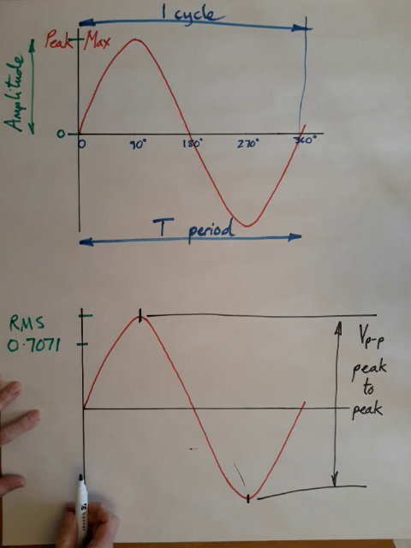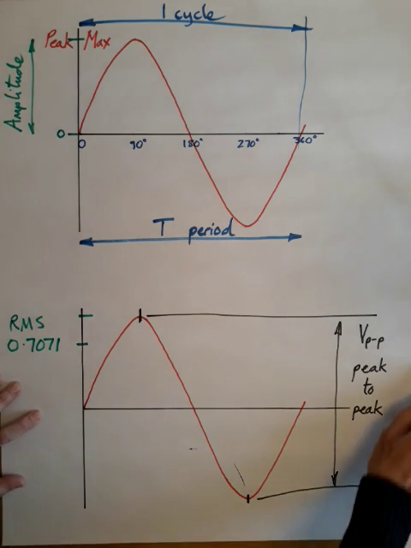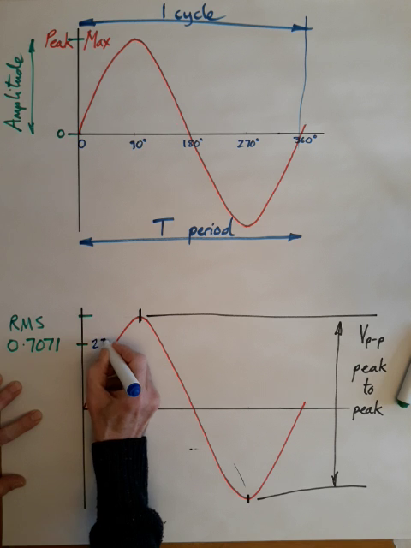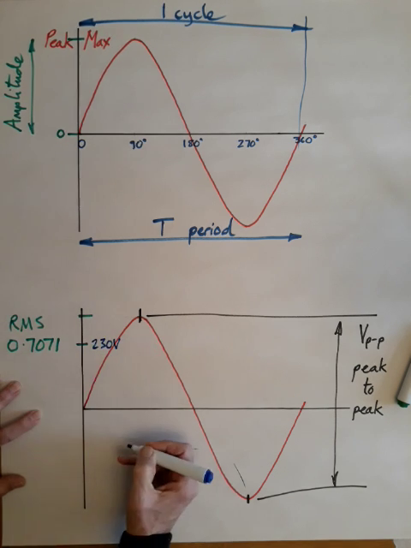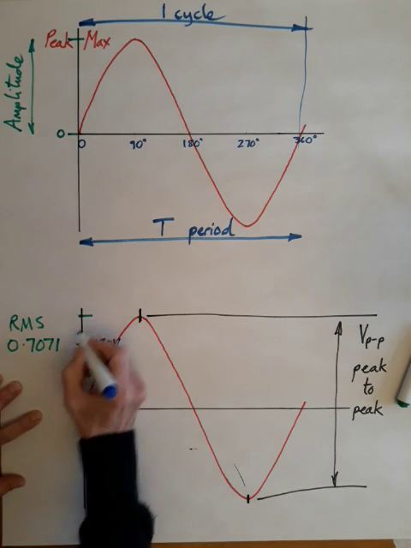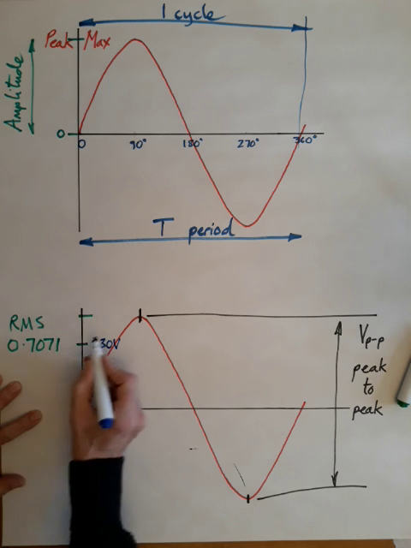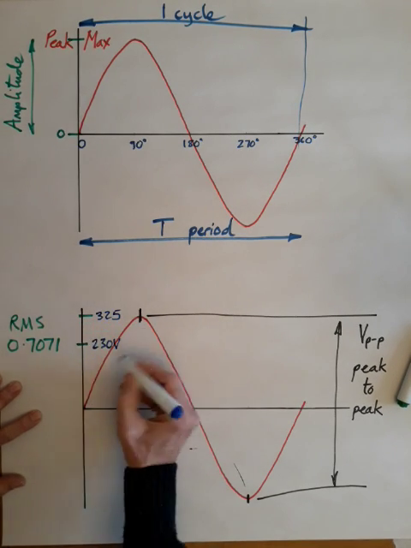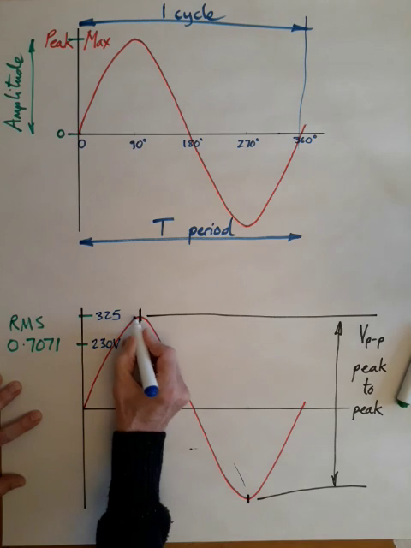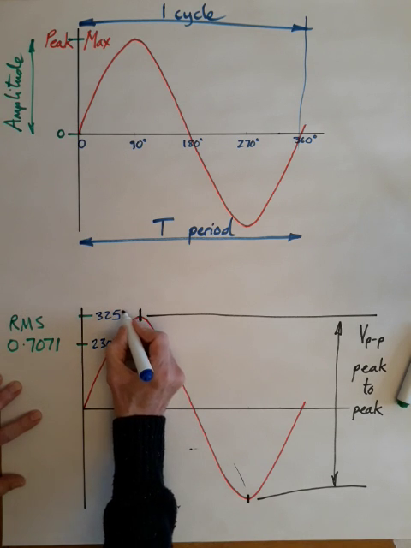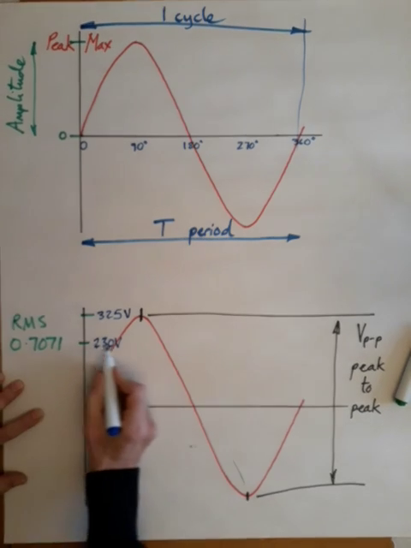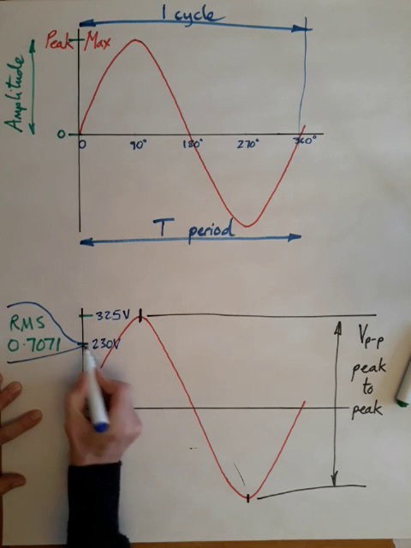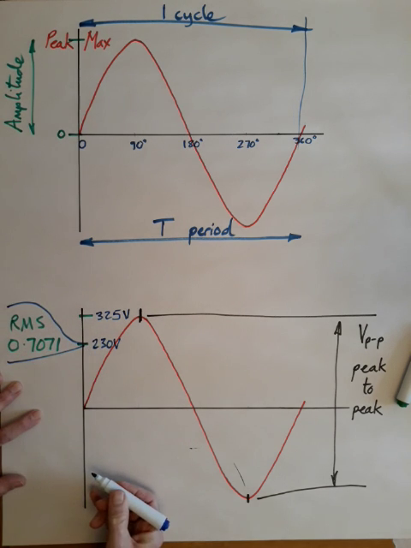So, for example, our 230 volt mains supply, 230 volts, is actually 0.7071 times 325. The peak value of our main supply is 325 volts, but the RMS value, the one that we normally use, is 230 volts.